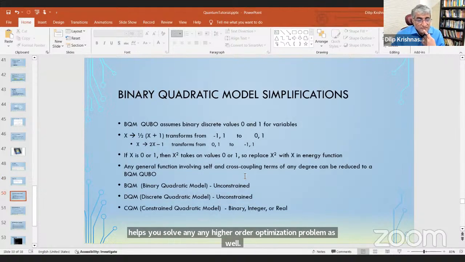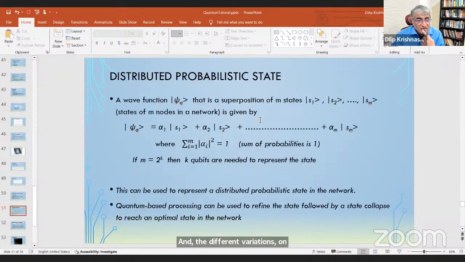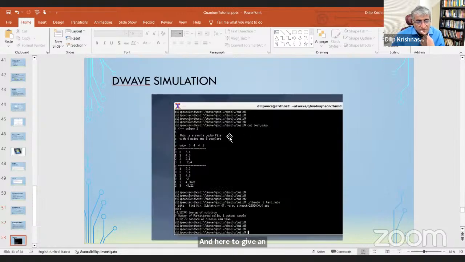And there are different variations on these optimization models. To give an example, here you have 4 qubits, and these are the interconnections between these qubits.